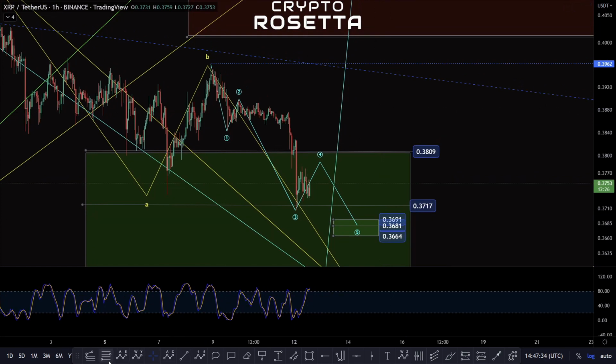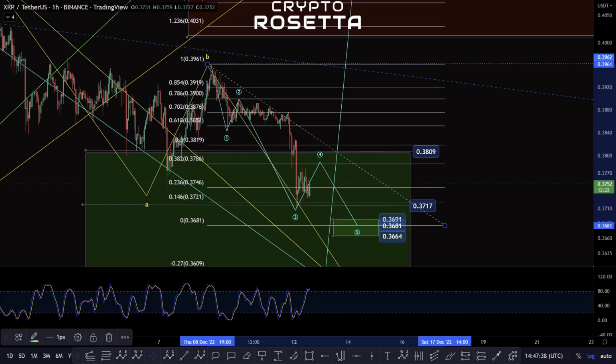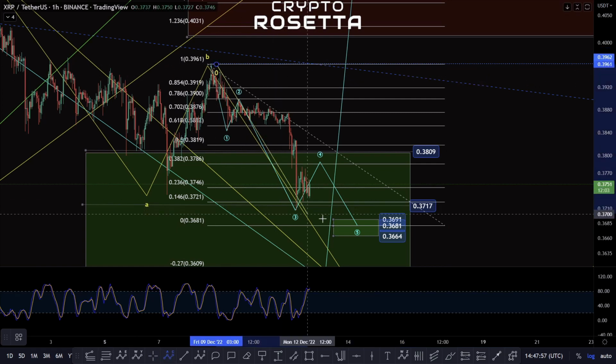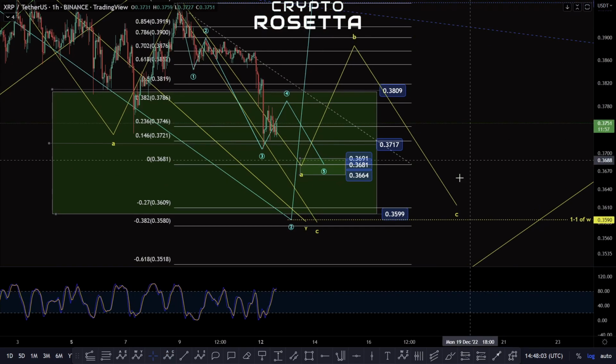And what I mean by that is that potentially we could see this 5-wave move play out, and then we could look to move back up to this 50% zone at 0.3819, or between that 50% and this 78.6%, which is that 0.399 area. And what we could have if we fail to break above there is a move down like this as an A, a move back up as a B, and then looking to continue as a C.